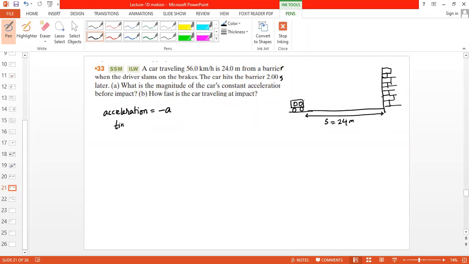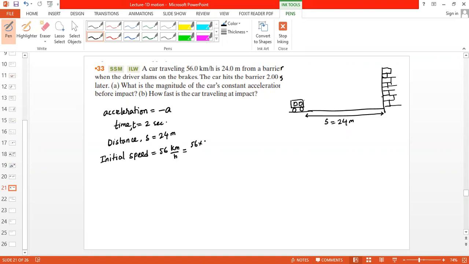The distance is equal to 24 meters, and the initial speed is equal to 56 kilometers per hour. Can any of you convert it into meters per second, please?